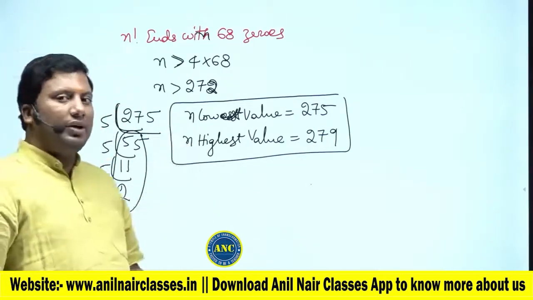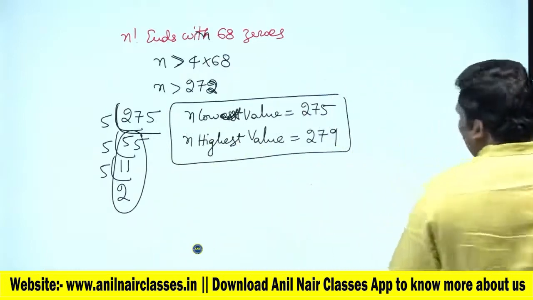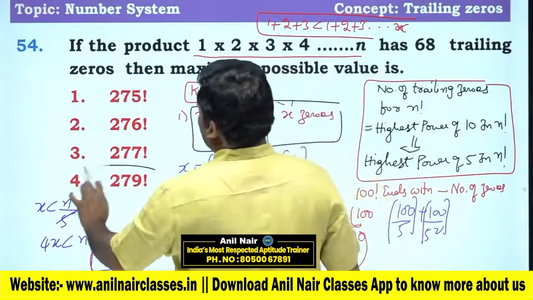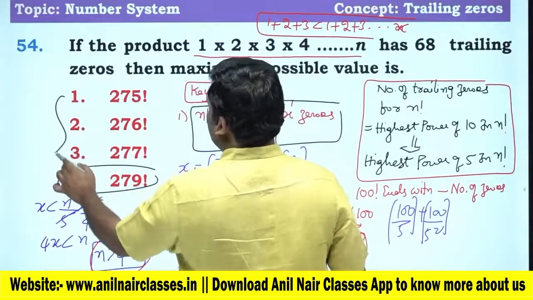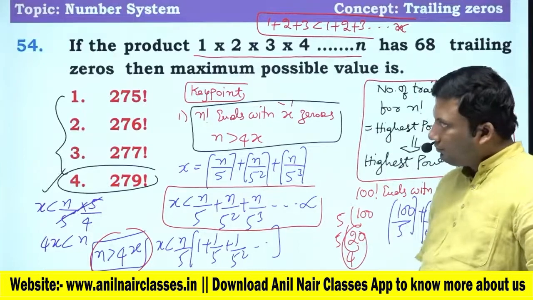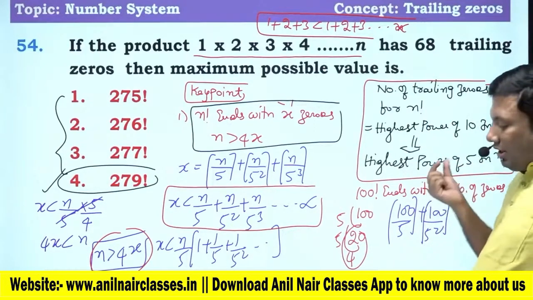Lowest value will be 275, highest value will be 279. So the maximum value it can take is 279. All these are possible. Highest will be 279. Very, very important key point.